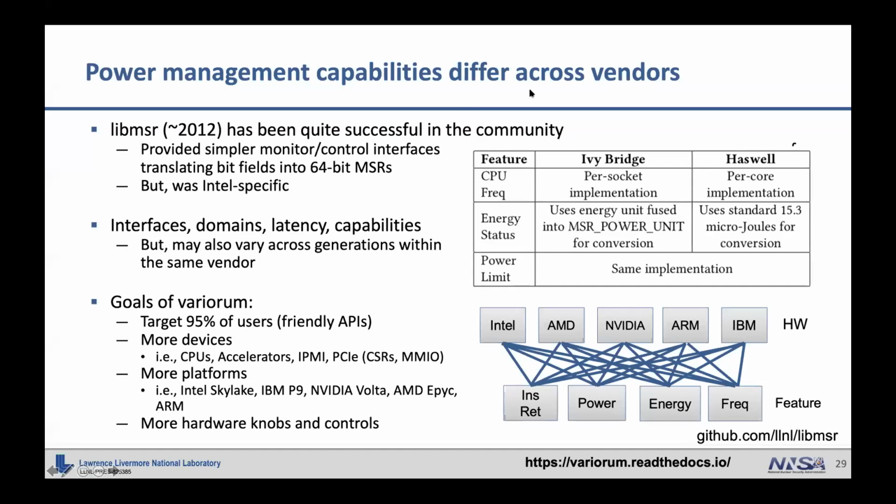Okay, so now we're going to transition over to an overview of Variorum. Lawrence Livermore, specifically this team, has been particularly interested in exploring power and energy control knobs over the last several years. And particularly, we're trying to understand what the impacts of tuning these knobs is on our applications. We started an open source library known as libmsr. Some of the folks on this call may be familiar with this library.